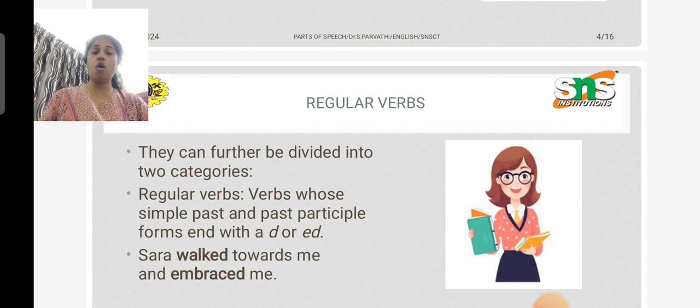Even 'walk' is a verb. When it is added with ed, we say that is simple past or past participle. So these words are called regular verbs.